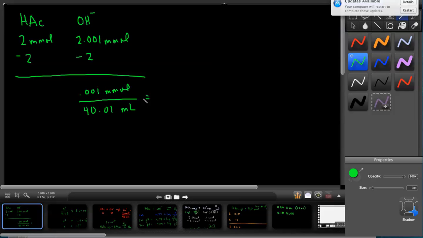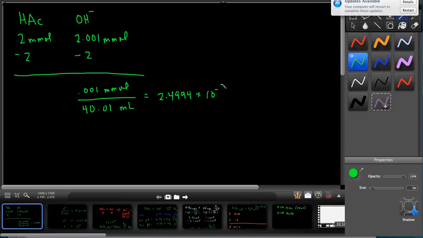And that concentration is 2.4994 times 10 to the minus 5 molar of OH minus.